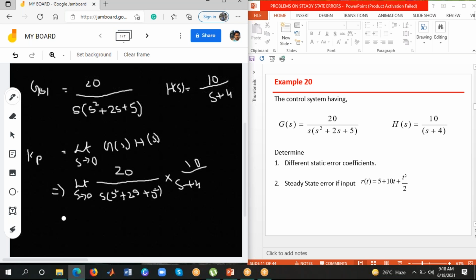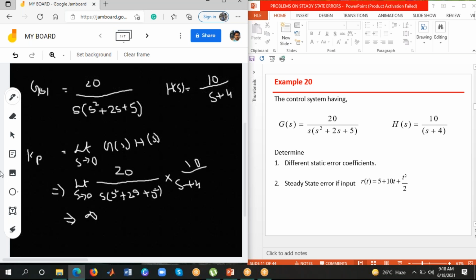What is the value of Kp here? What will we get here? Kp is infinity, because the denominator is multiplied with s, right? So the entire denominator will get 0, so its value is infinity.